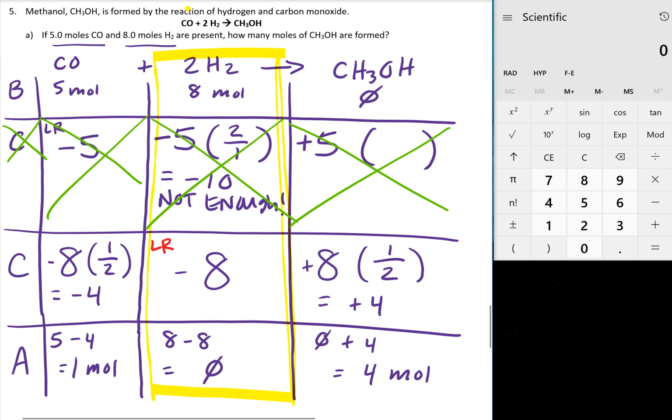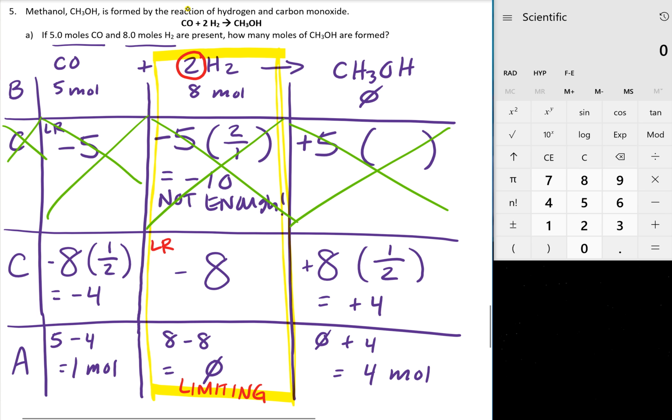I know that it is limiting because it is the reactant that is 0 after the reaction. So I go to the after row, whichever one is 0, that's your limiting reactant. Your limiting always has to be on the left side of that arrow. And one more thing about that limiting reactant. Its coefficient is 2.